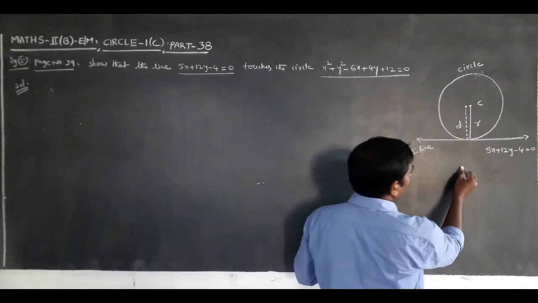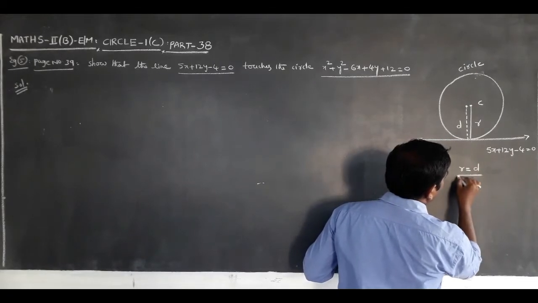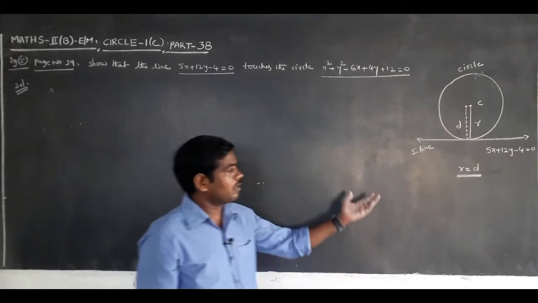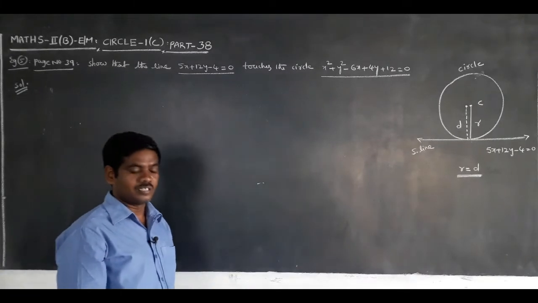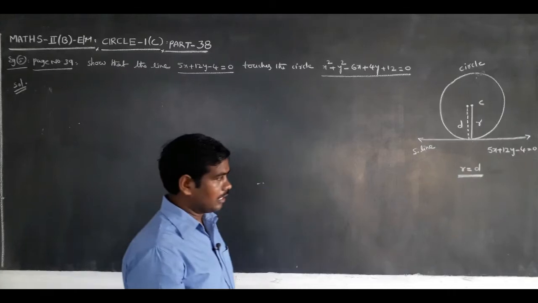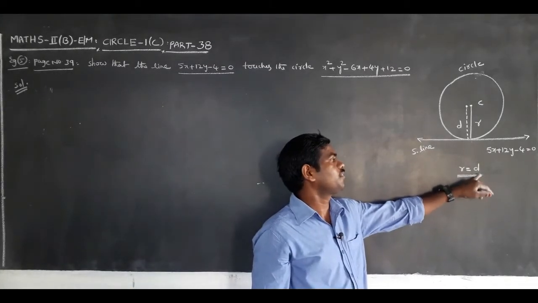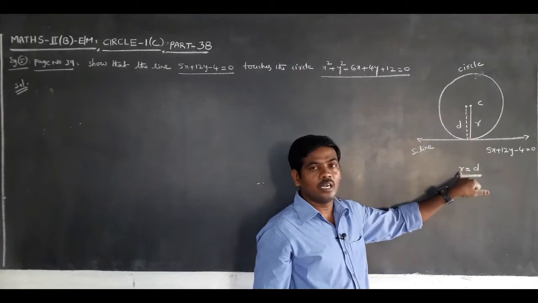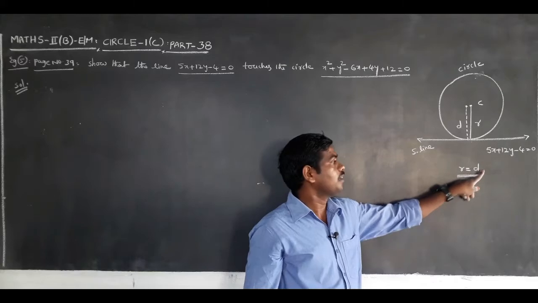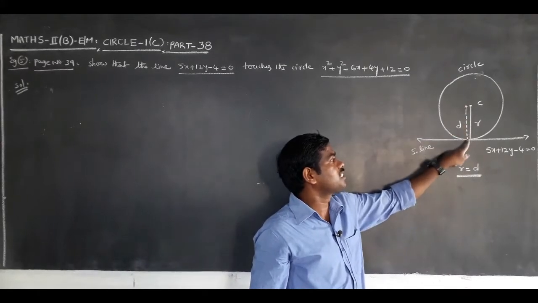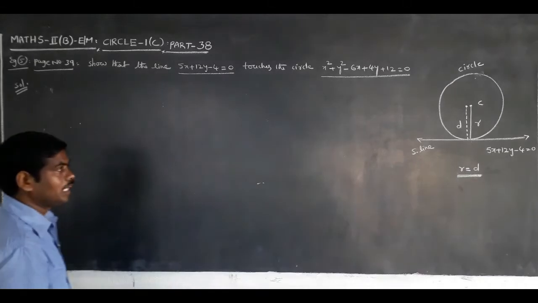Here we prove that R is equal to D. If R is equal to D, then the line touches the circle. So first of all we find R and D. R means the radius of the circle. D means the perpendicular distance from the center to the line.